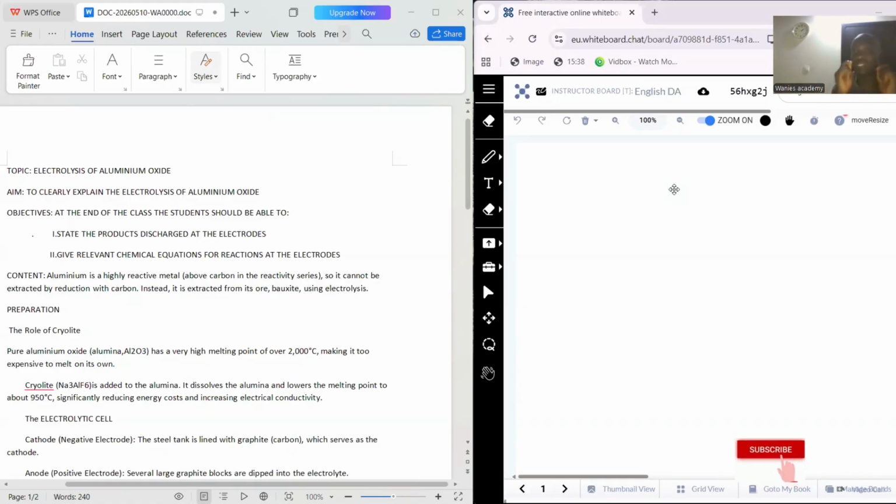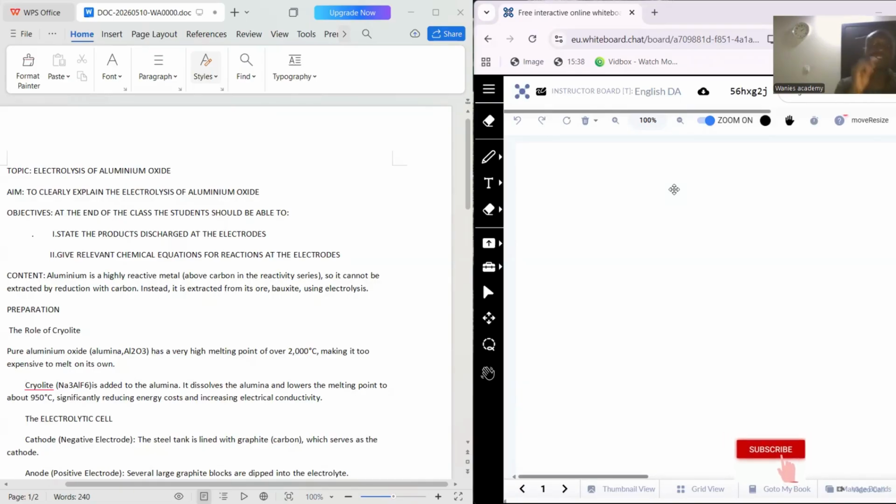So as a result of these facts, aluminium cannot be extracted from its ore, which is bauxite, by reduction with carbon. Since it's more reactive than carbon, it's higher than carbon in the electrochemical series or reactivity series of metals.